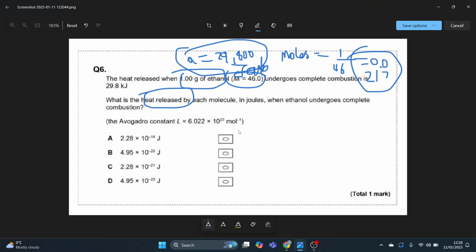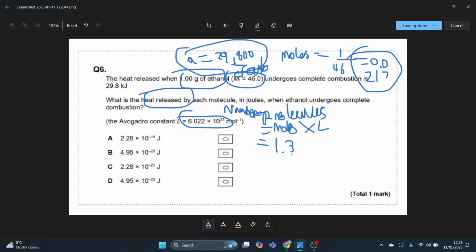Now I want the heat released by each molecule. So firstly, in order to find the number of molecules, all I have to do is moles times by L, which is 6.022 times 10 to the power 23. So 0.0217 moles times 6.022 times 10 to the power 23 gives me 1.31 times 10 to the power 22.